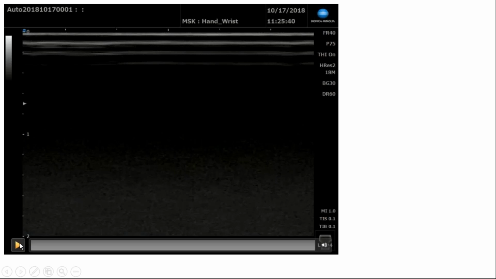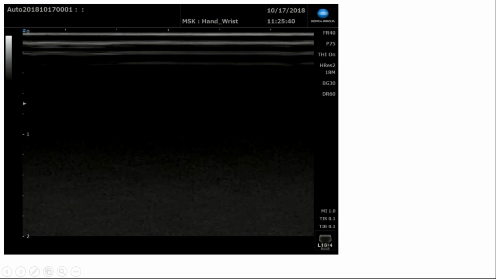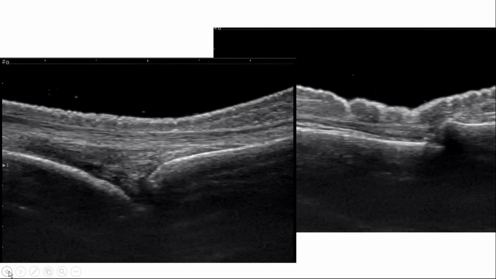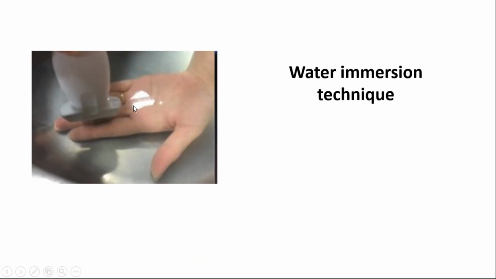How far up off the skin are you? You're not actually making contact with the skin, right? So how far above it are you? I would say maybe half a centimeter or a centimeter. But yes, I'm not touching the finger.